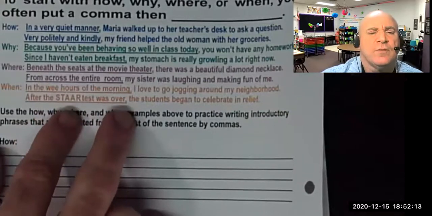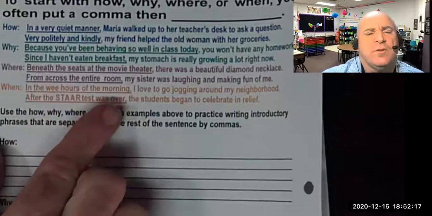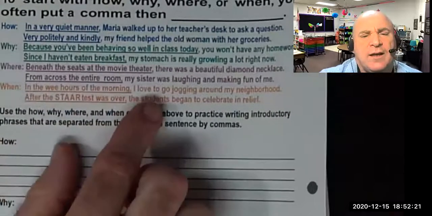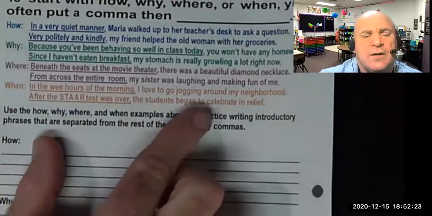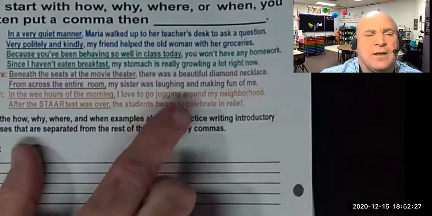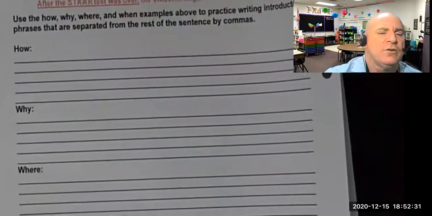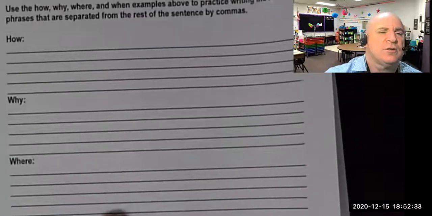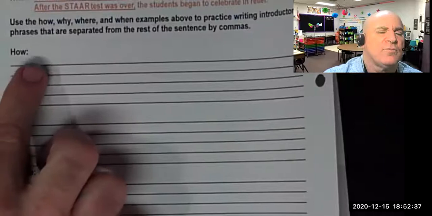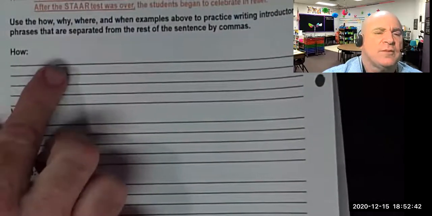Capital, after the STAR test was over. The STAR test is the subject and was over. This one does have a subject and a predicate, so this is a dependent clause. And an independent clause, which is the students, what about them? They began to celebrate. Okay, and so what I've allowed you to do, students, is try to come up with your own how, and I would suggest maybe write it the normal way first.